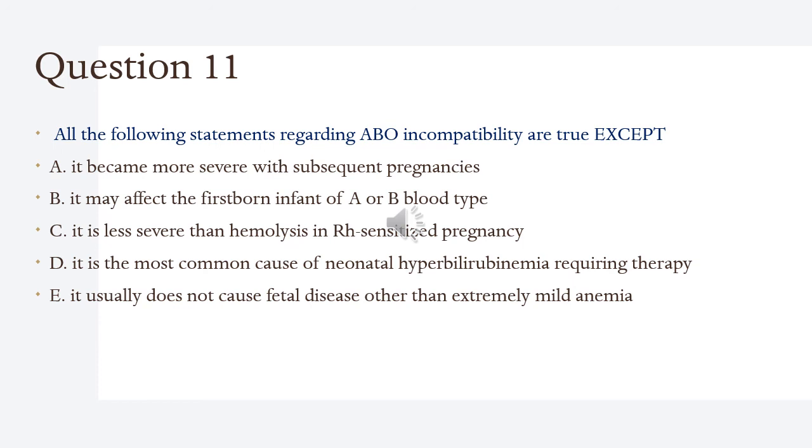C, it is less severe than hemolysis in Rh incompatibility. Yes, it's less severe; Rh incompatibility is usually more severe. B, it may affect the firstborn infant of A or B blood type. Yes, it may affect the first baby. A, it becomes more severe with subsequent pregnancies. Actually, there is no relation. So the correct answer here is A. All are true except A.